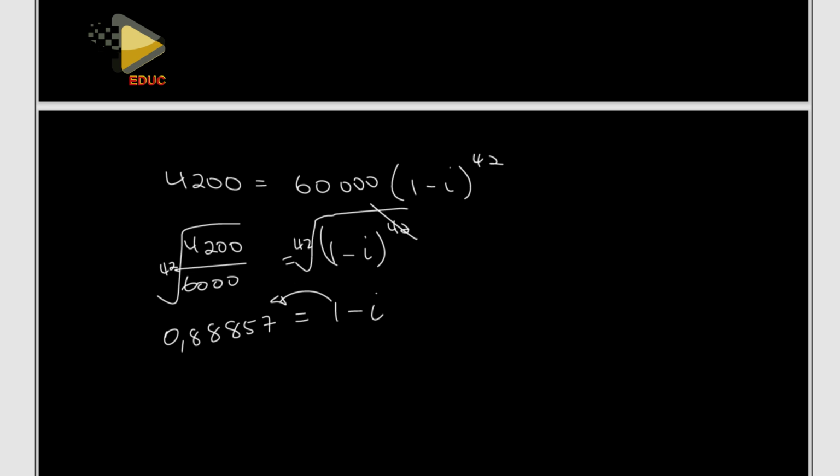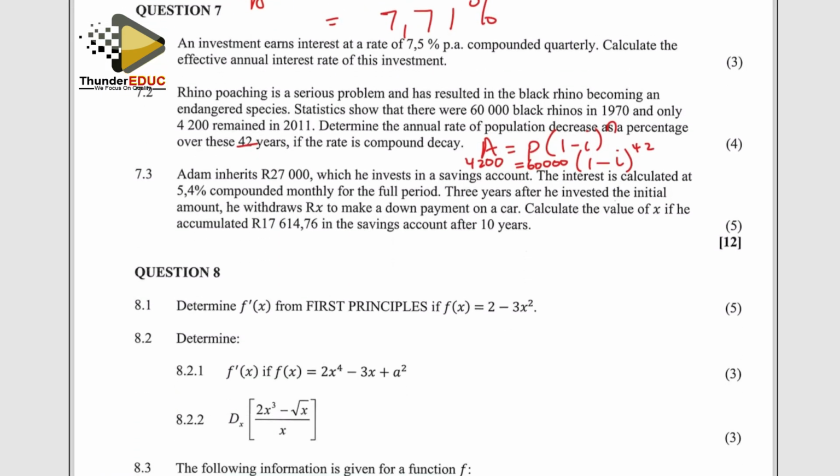I'll move the 1, subtract, I'll get a negative, and then divide both sides by -1, and then multiply by 100. I'm getting 11.14%. Okay, so that is how 7.2 was going to be done.